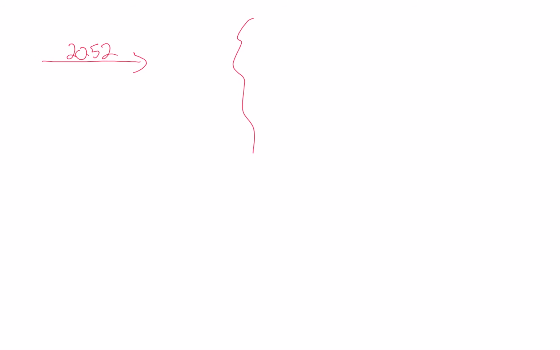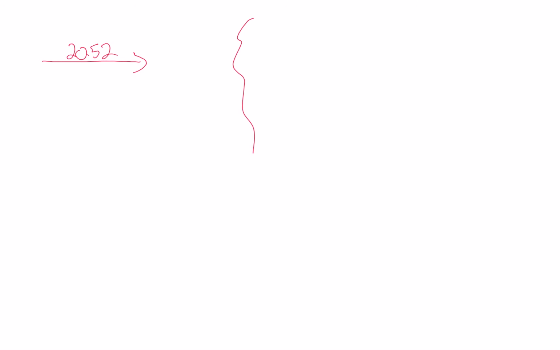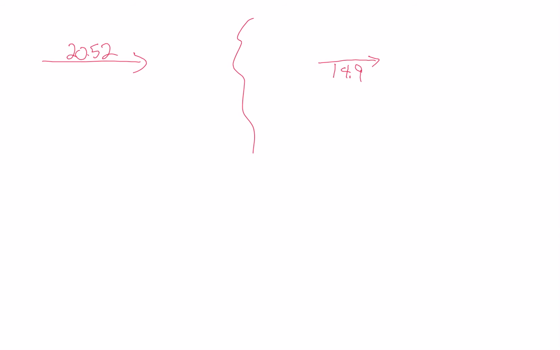And then after, we had 14.9 to the right, and we had 6.3 up. So that was our final red ball's vectors.